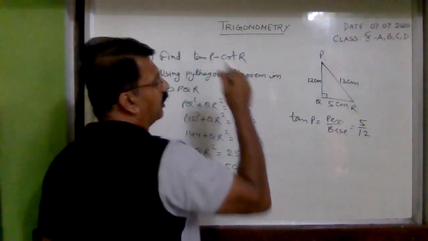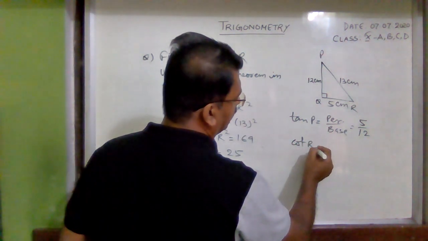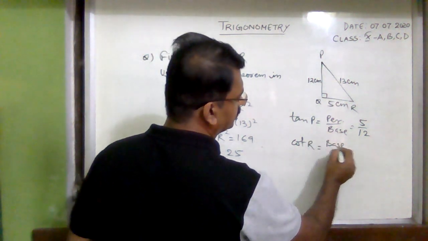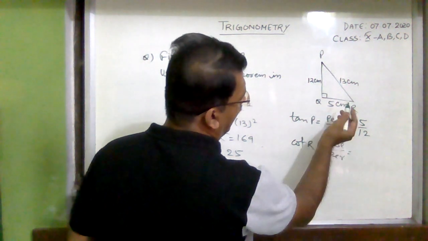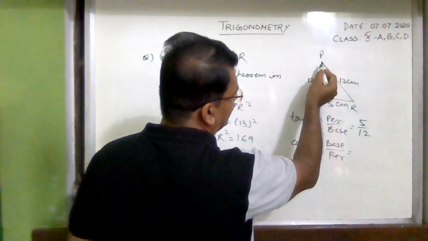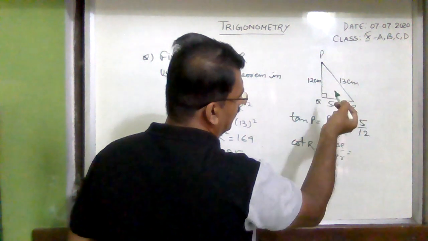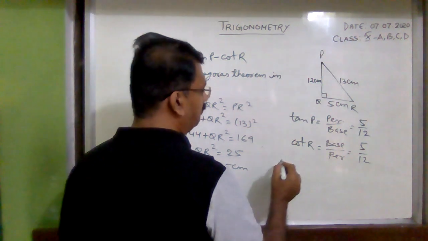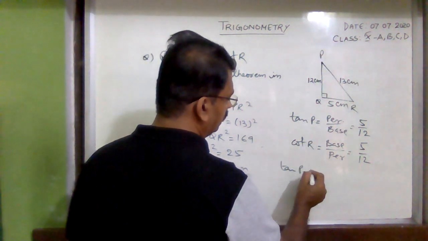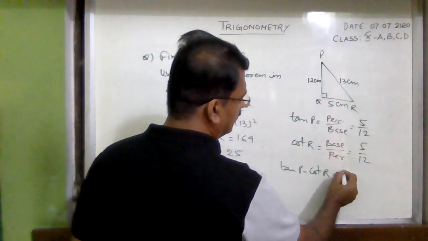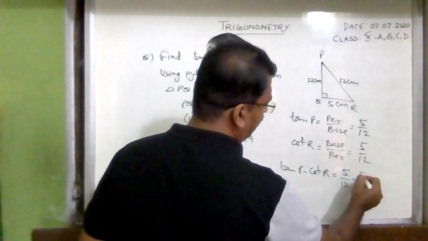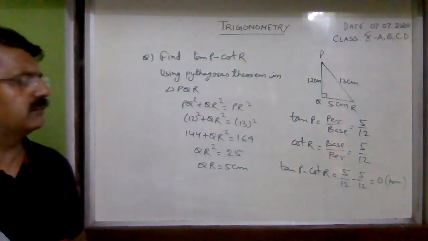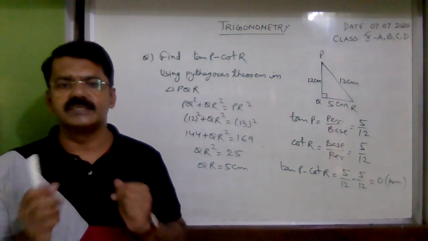Now I have to find cot R. Although cot is base upon perpendicular, now as R is the reference angle, this becomes perpendicular and this becomes base, so it is 5 by 12 once again. Now tan P minus cot R is equal to 5 by 12 minus 5 by 12, and that is nothing but 0. So the answer is 0.